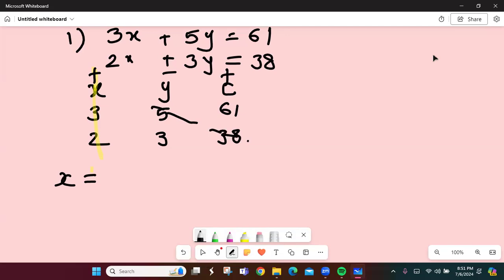So 38 multiplied by 5. Multiply these two. 61 into 3 and change the sign. That means this product is positive. 61 multiplied by 3, so I'll make it negative. So minus 61 into 3.